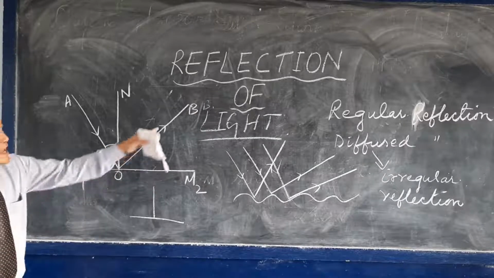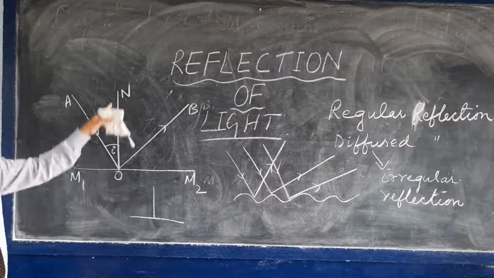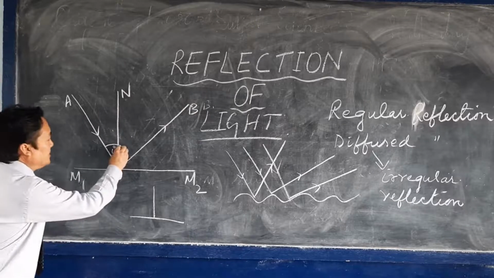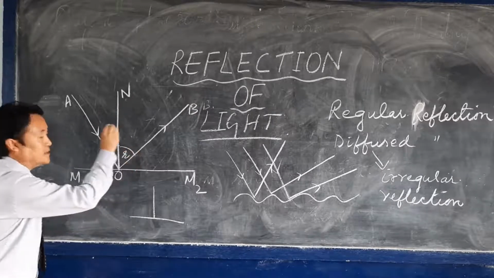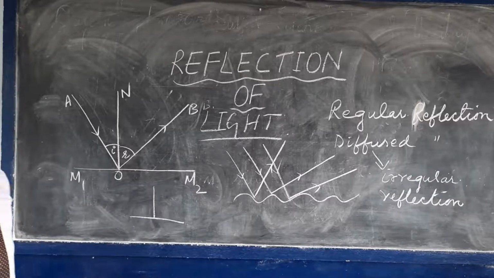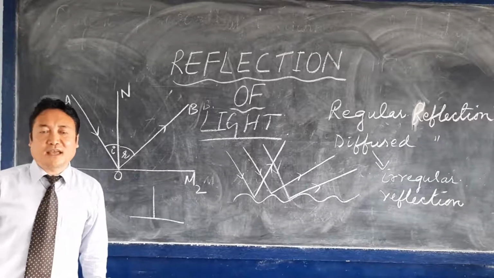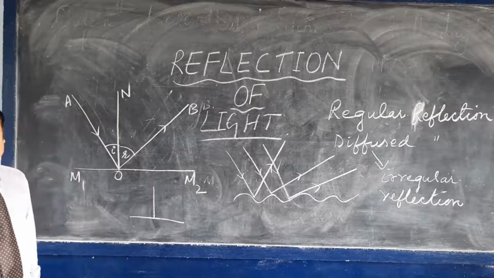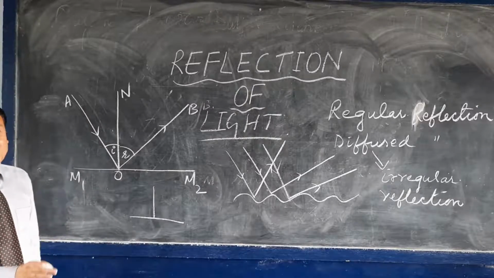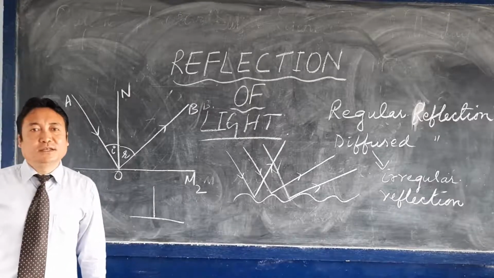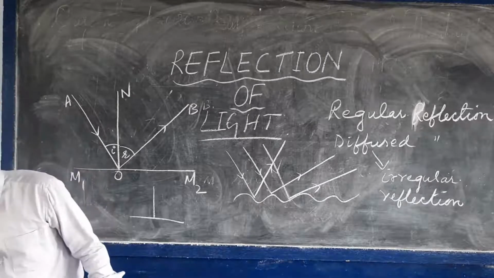Next, the angle made by the reflected ray with the normal is called the angle of reflection, which is given as small letter r. So these are the terms which are associated with the reflection of light.